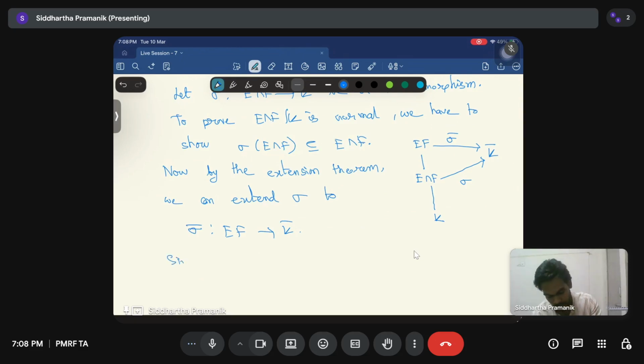Now since EF over K is Galois, so sigma bar of... okay, we don't need EF.